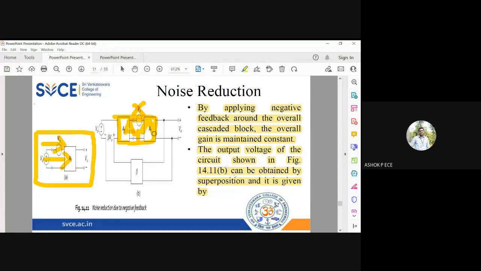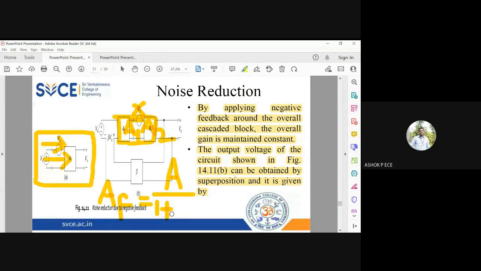When amplifiers are in cascade, I can replace them by a single block, and the gain is going to be the product of their individual gains. So I can replace these two amplifiers by a single amplifier of gain A1 A2, and you have feedback beta. So what is the effective gain with feedback? The formula: AF, the voltage gain with feedback, equals A by 1 plus A beta.